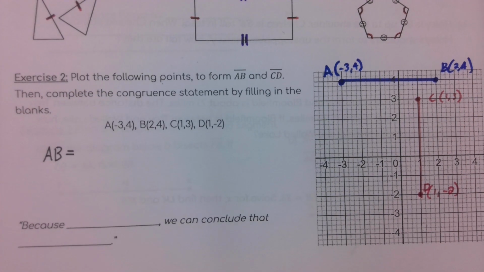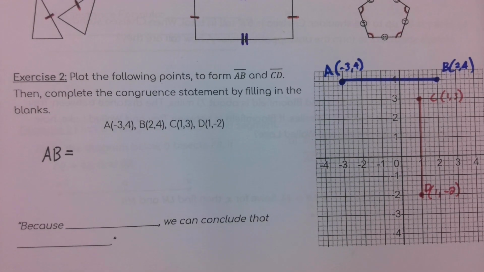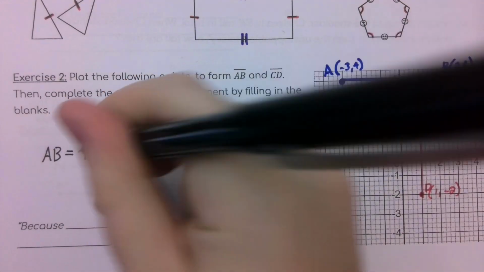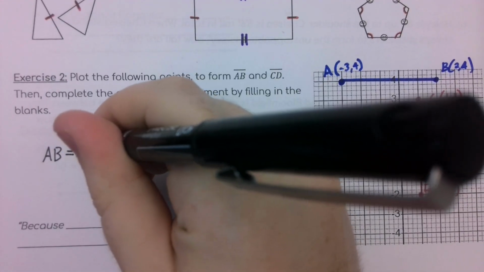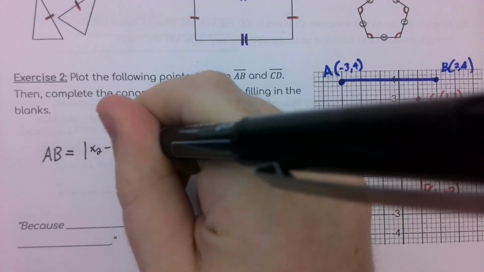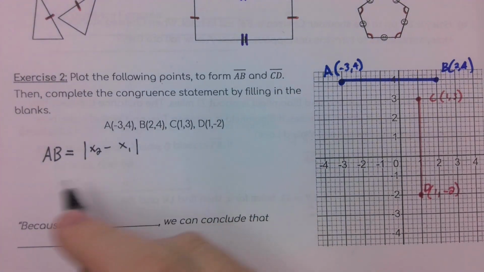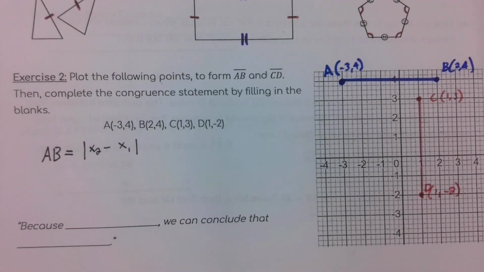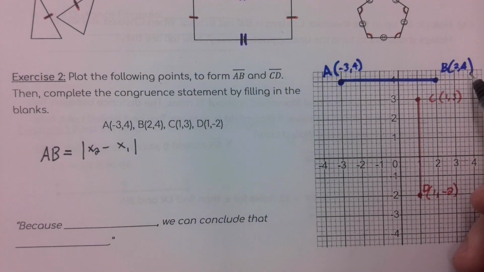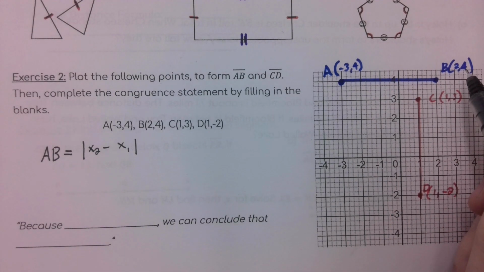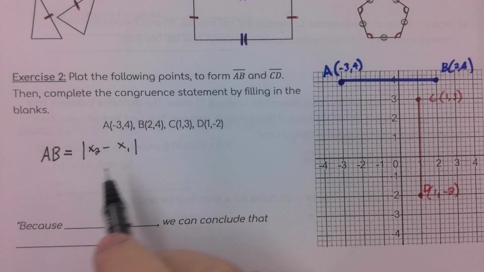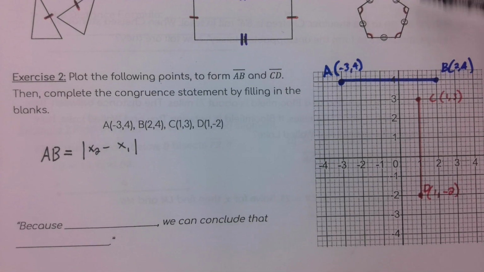The formula we have for distance right now is the absolute value of x2 minus x1. But again, these can be any 2 points you're comparing. Since the y values didn't change, it stayed at 4, would it make sense to plug in 4's here? I don't think so, because 4 minus 4 is 0. That just tells us that the y coordinates didn't move up or down.